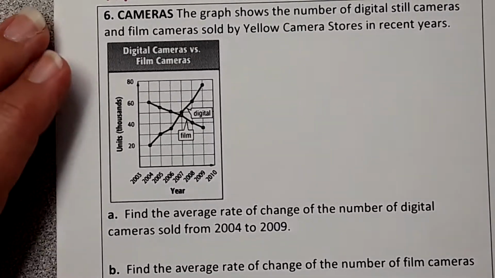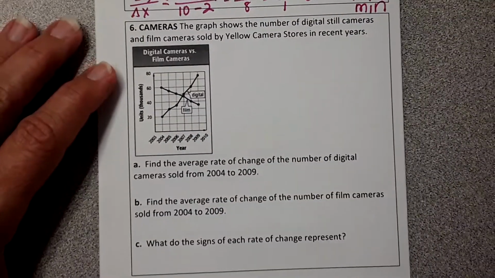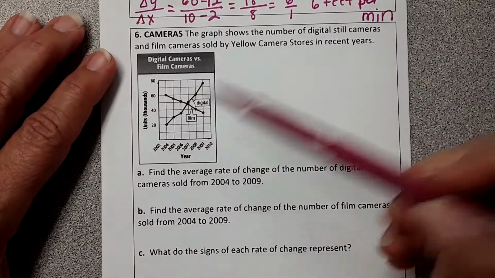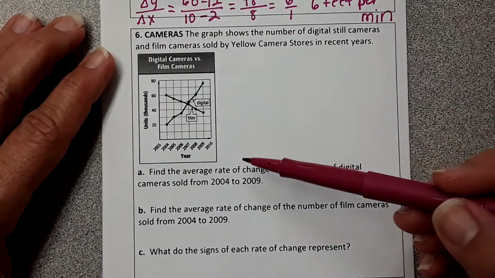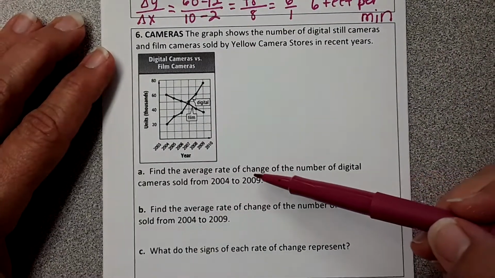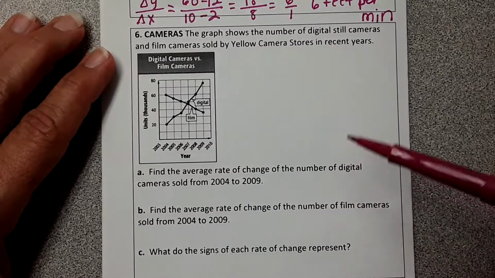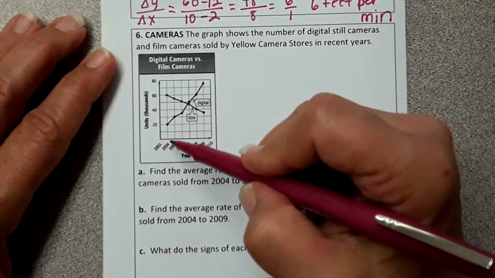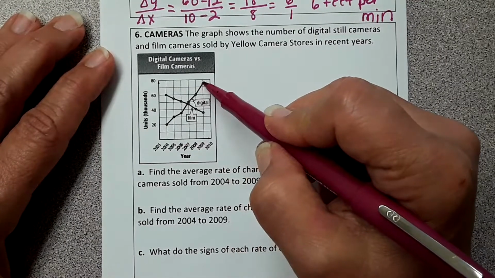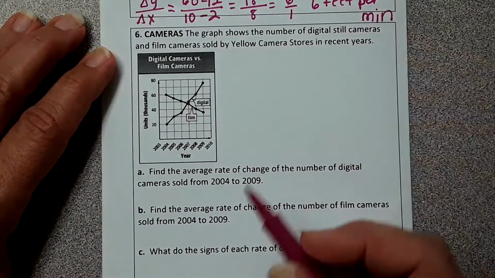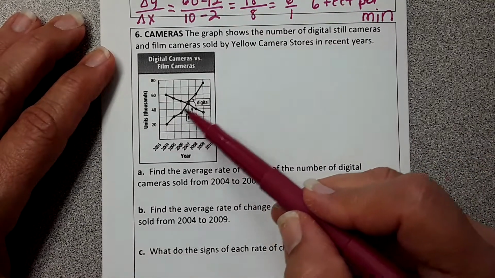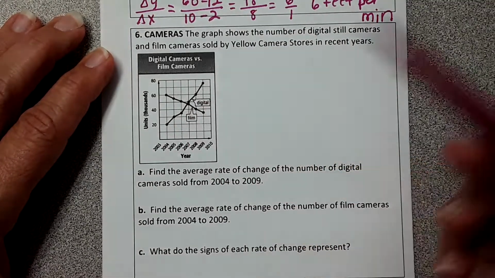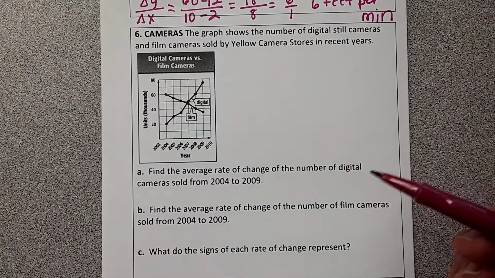Now they give you this graph right here for cameras. They have a film camera, they have a digital camera, and they want to find the average rate of change in the digital cameras from 2004 to 2009. So digital is this line right here. So you know the average rate of change, and you can count, or we can do what we did in that one problem.